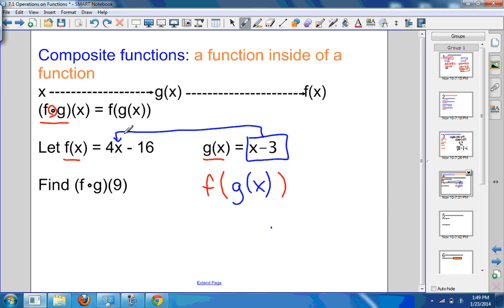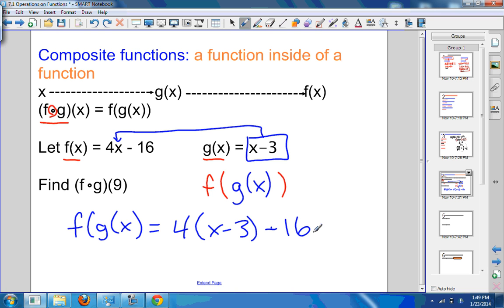So to do that, f of g of x is going to equal 4 times x minus 3 minus 16. So I just took my g of x and I stuck it inside of my f of x. So I'm basically figuring out f of x minus 3.